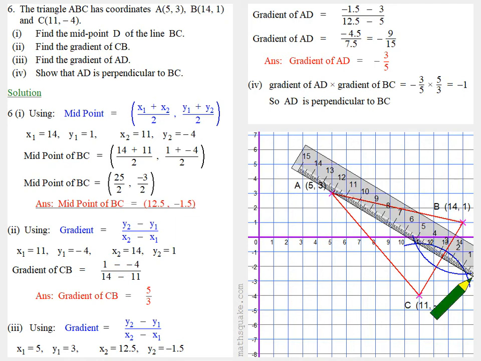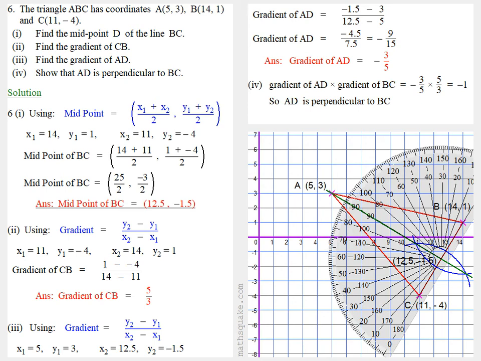We notice that if we draw that line, it goes through the midpoint of BC, and it actually also passes through the point A. So that means the perpendicular line passes through A, and so AD is perpendicular to BC. But we can also check it with a protractor. We can measure the angle CDA and see that it is 90 degrees.